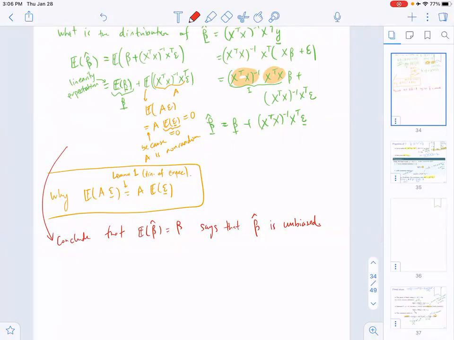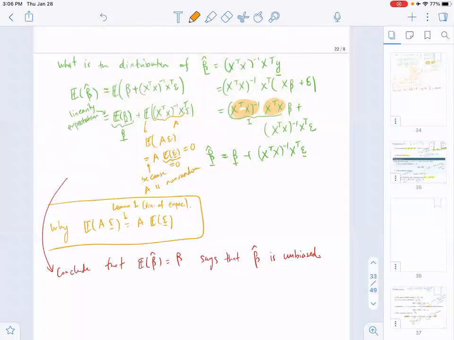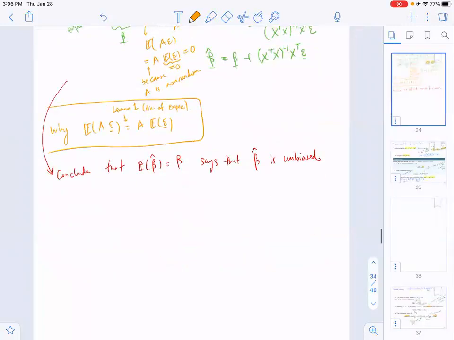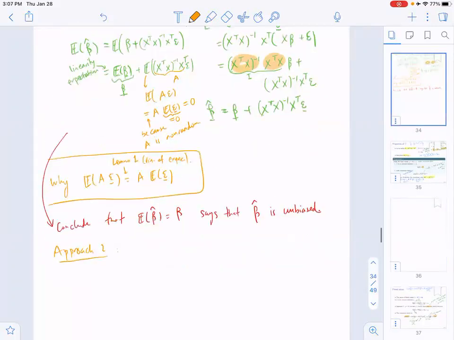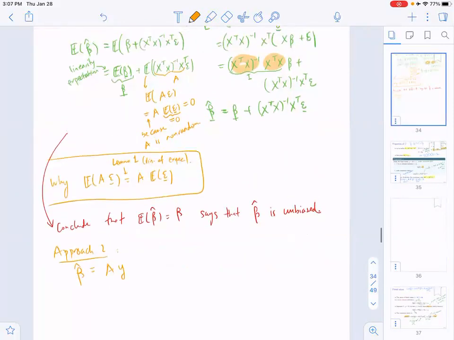Okay, so this was an interesting example. If you go through the lecture notes, I do it a little bit differently. Instead of simplifying in terms of epsilon, you can just work with this expression and move the expectation inside to the expectation of y. So in approach 2, which I encourage you to go through, beta hat is in fact A times y, where A is the same matrix, X transpose X inverse X transpose.